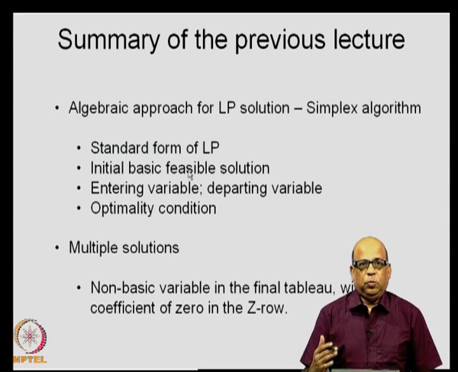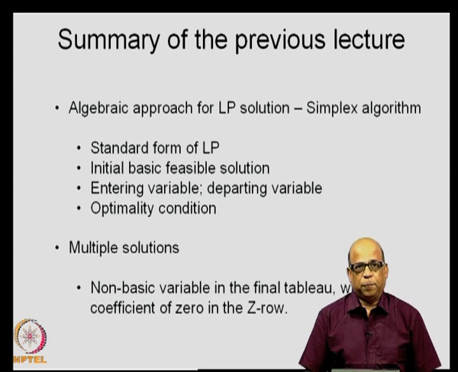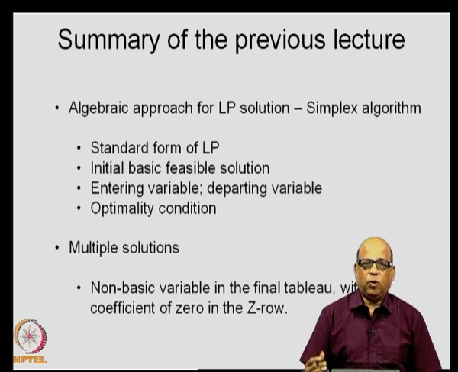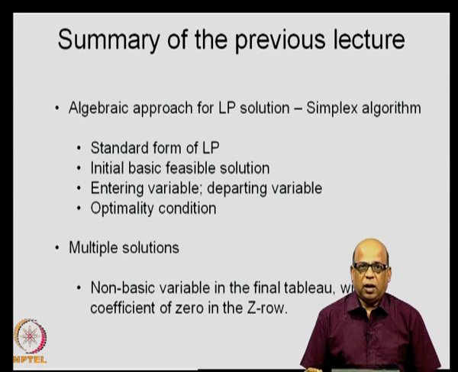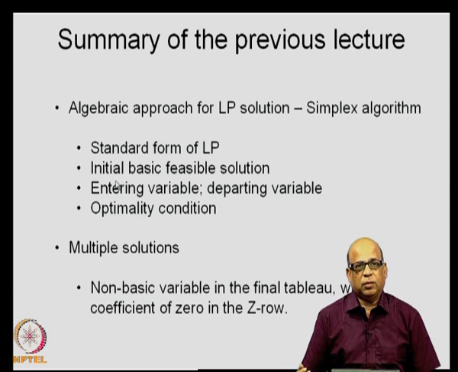Then we went on to formulate the algebraic method of solution. We start with an initial basic feasible solution. Recall that a basic solution is obtained by setting n minus m variables to 0 and then obtaining the solution for the remaining m variables, where m is the number of constraints and n is the number of variables, after you have expressed the problem in the standard form, having added slack variables, surplus variables and so on.